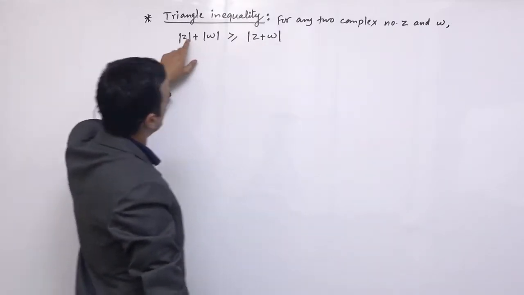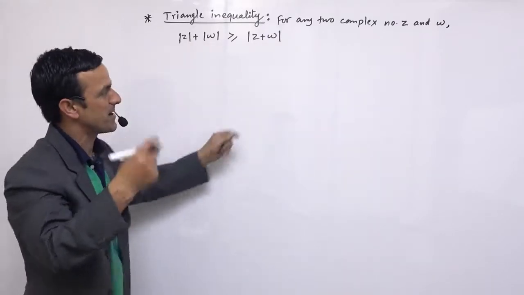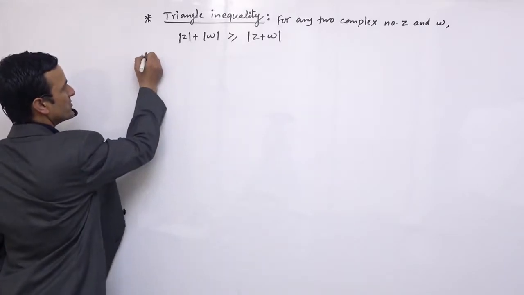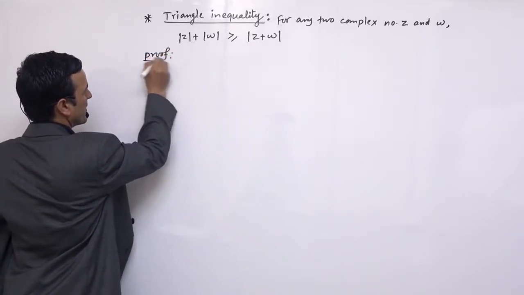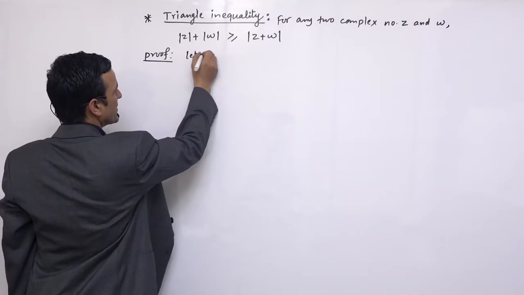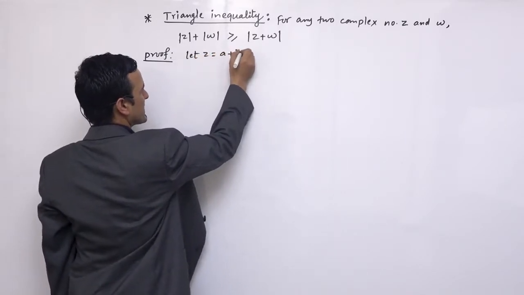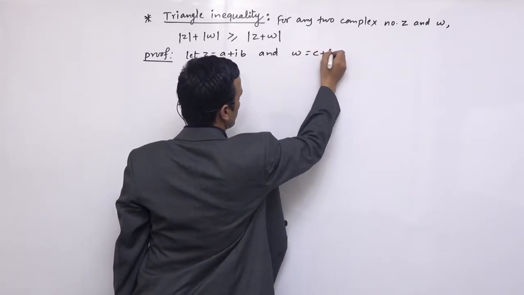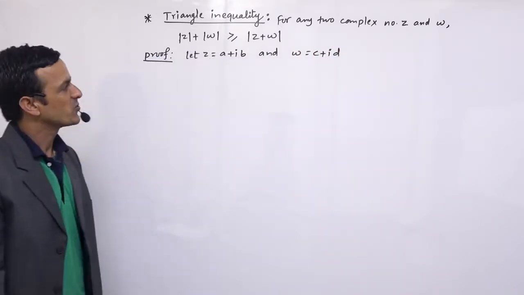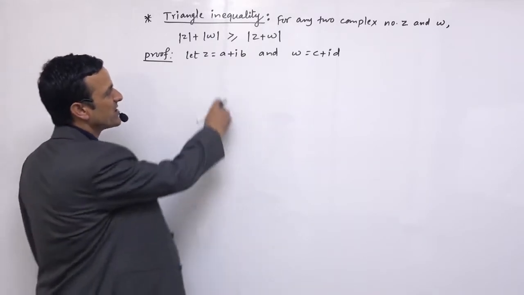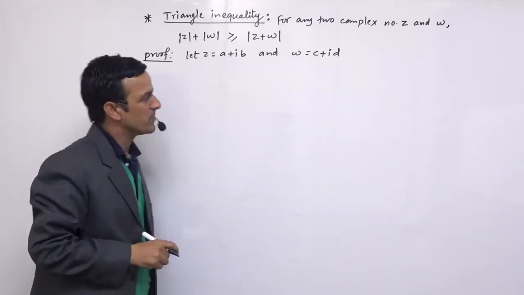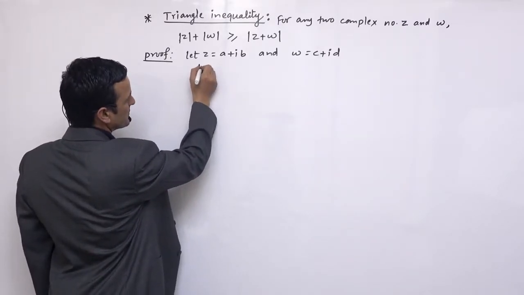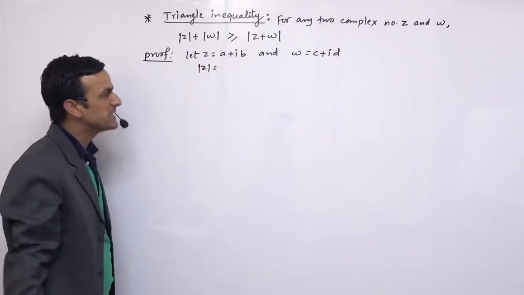For this property, we should take any two complex numbers z and w. So let's prove this property. Let z is equal to a plus ib and w is equal to c plus id. In this way, we can suppose z and w are any two complex numbers. Now we can find the modulus of z.